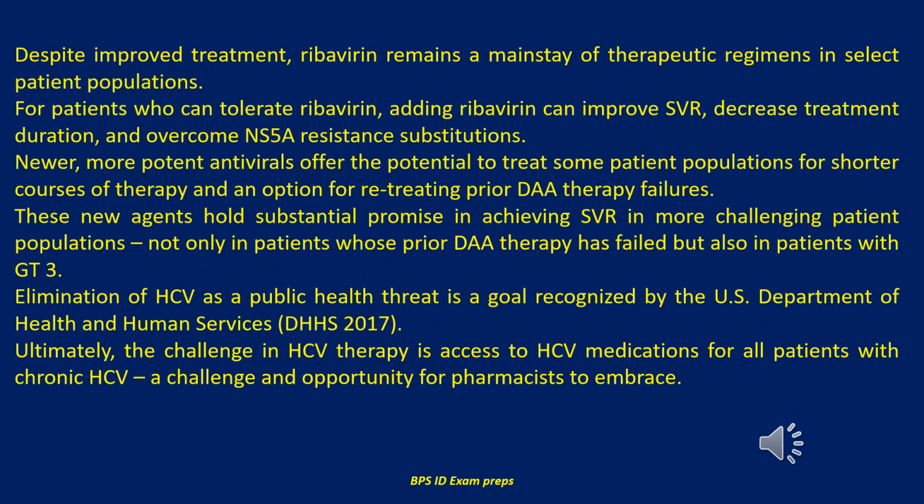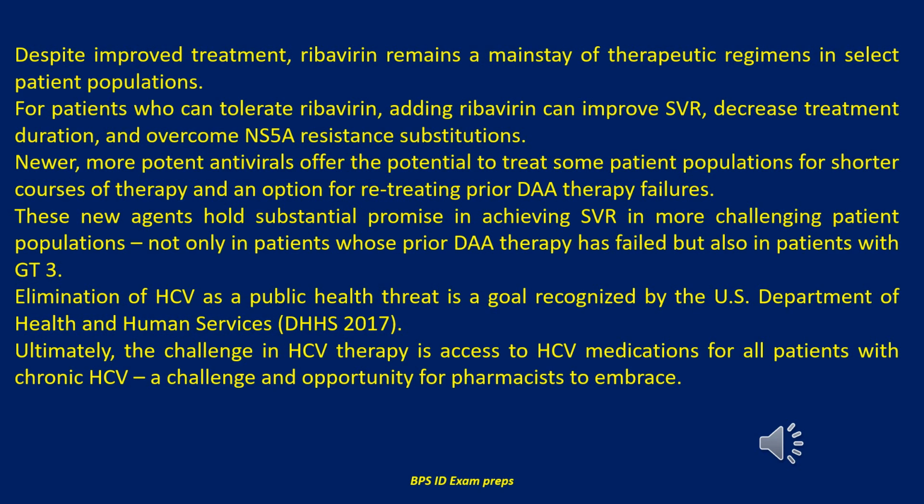Despite improved treatment, ribavirin remains a mainstay of therapeutic regimens in select patient populations. For patients who can tolerate ribavirin, adding ribavirin can improve SVR, decrease treatment duration, and overcome NS5A resistance substitutions.